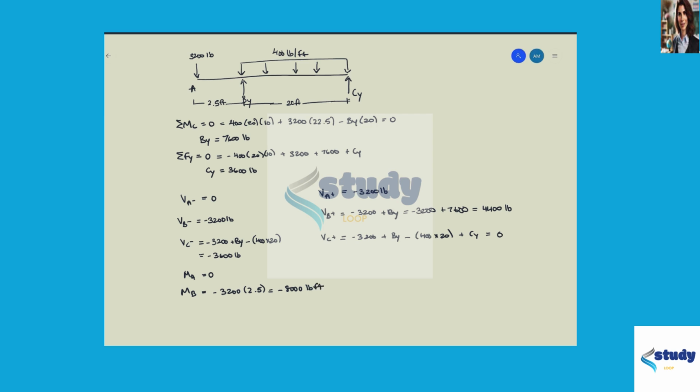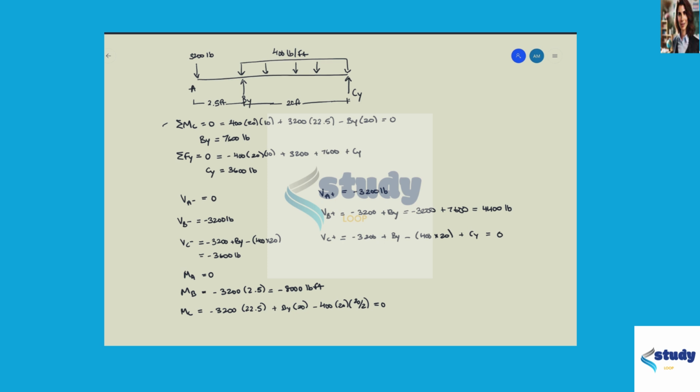Then we can find the moment at C, which is negative 3,200 times 22.5 plus B in the y direction times 20 minus 400 times 20 times 20 divided by 2, and that's going to be equal to 0, which we anyway solved for over here.